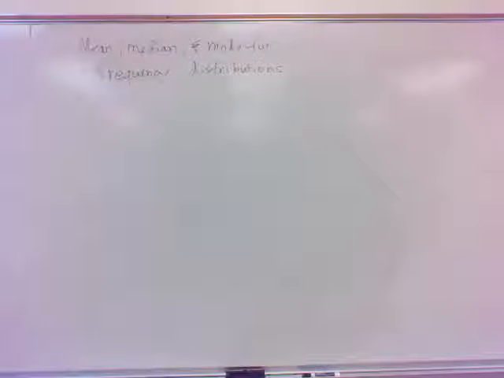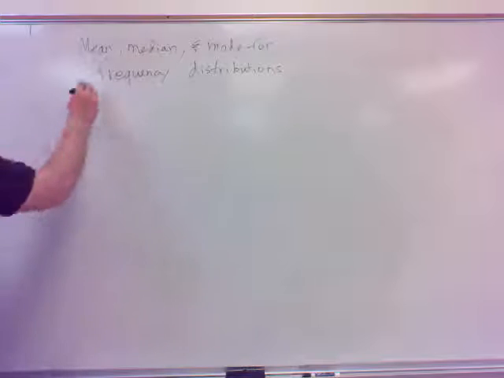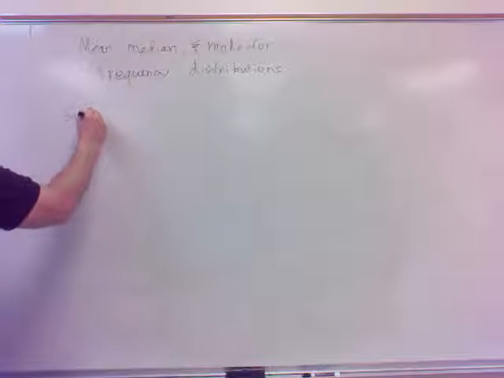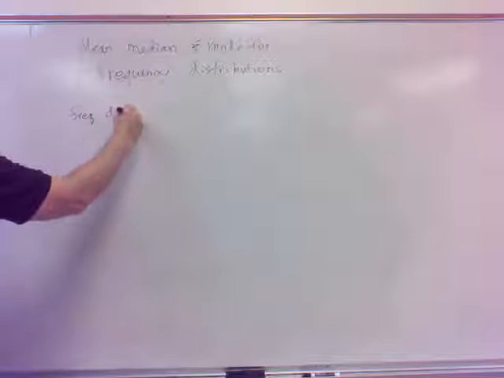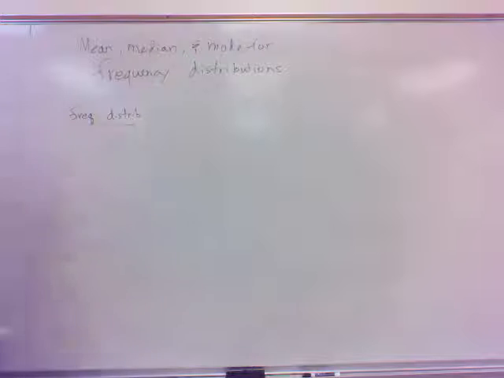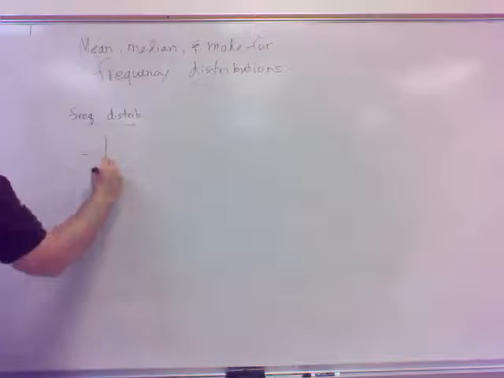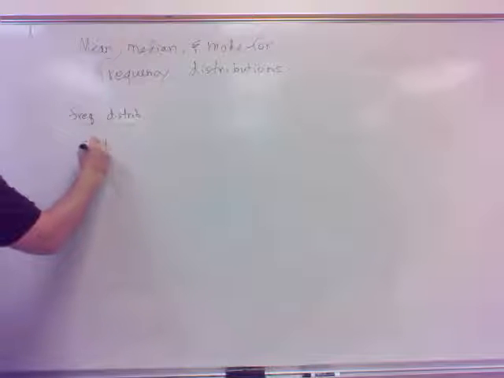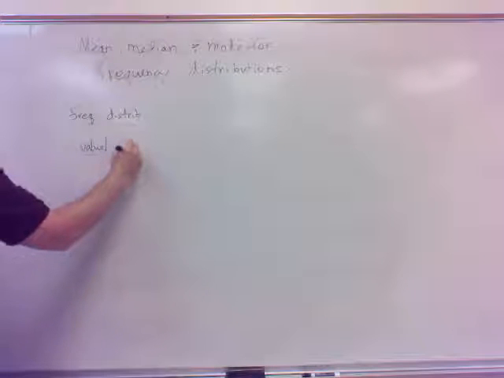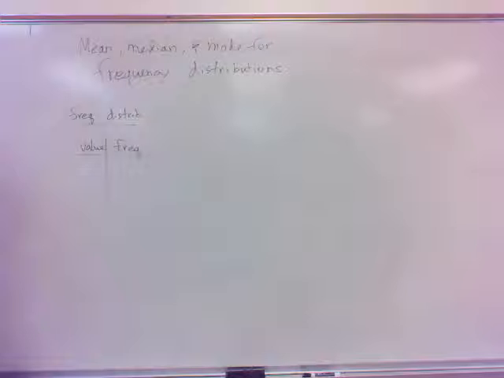to talk about. Now, first of all, let me give you a representative example of a frequency distribution. By that, what I mean is just a table of frequencies. You got a value, and then you got a frequency of the value across from it.